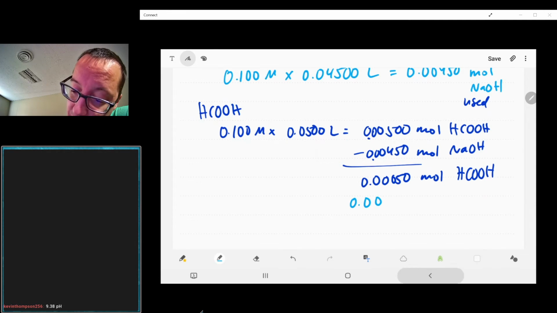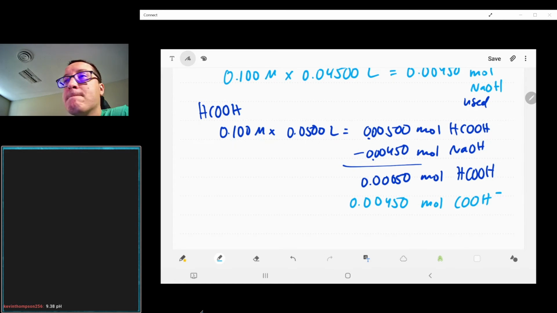That's going to be the same amount of our conjugate base left. We will have used up some of our acid, and whatever's left now stays as acid, and whatever reacted now becomes conjugate base.